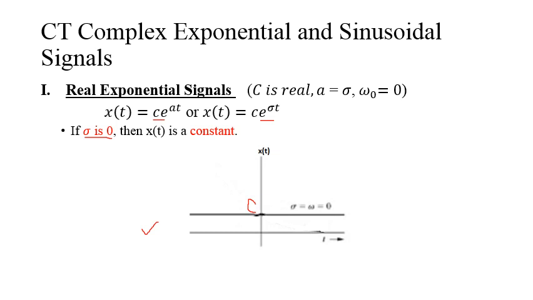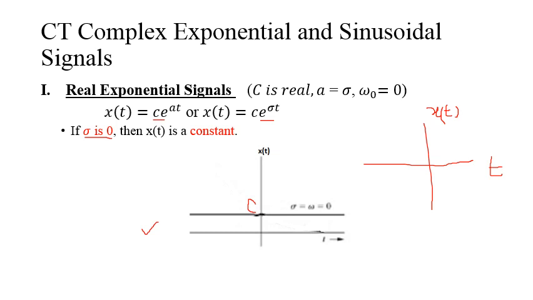So that means the value of this signal equals to C. So if C is positive, we have something like this, right? If C is negative, then you understand this is your time axis, and this is the value of the x of t. Again, you understand that because we are dealing with the time domain, and also in time domain we have two types of independent variable.